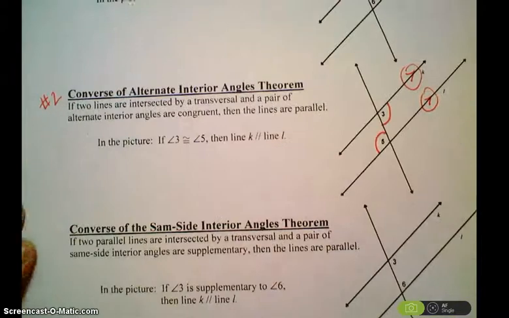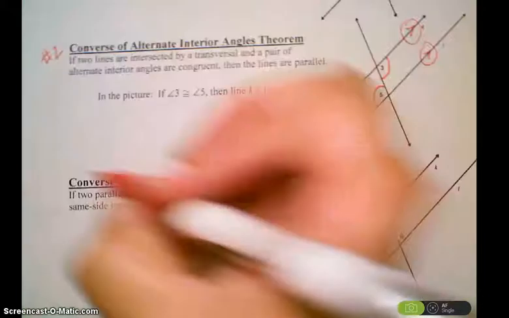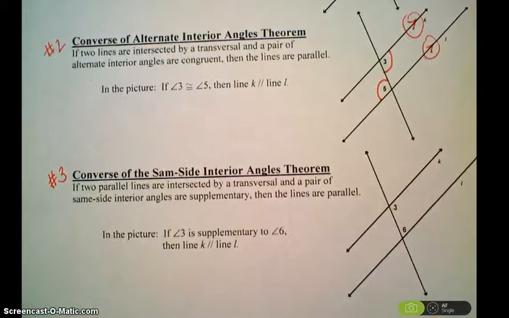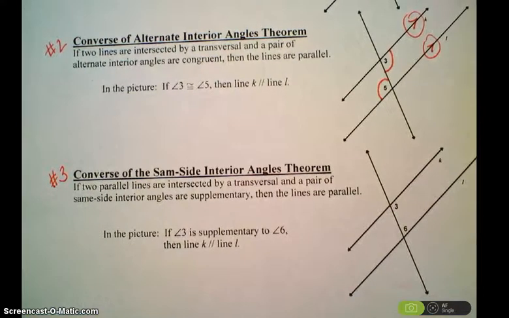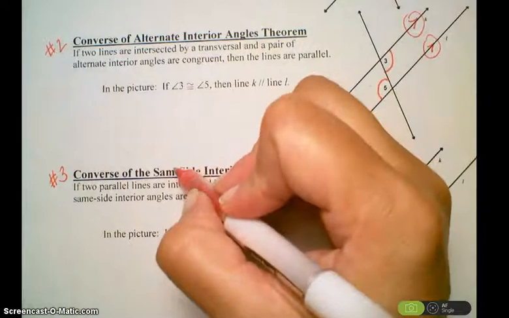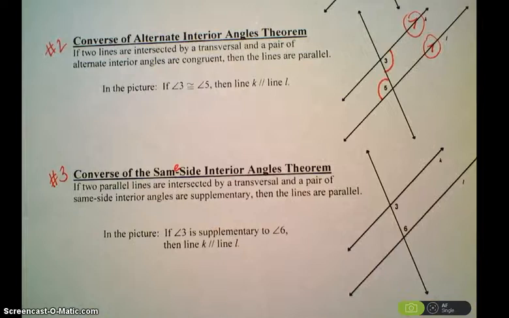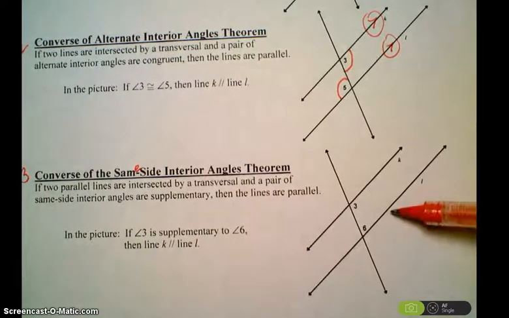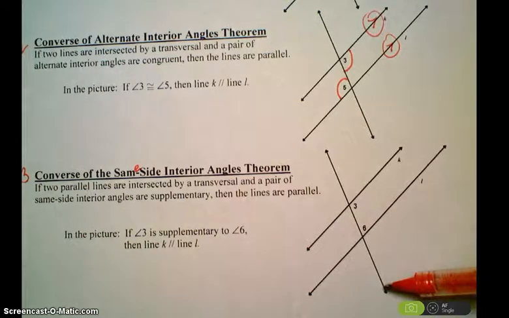Okay, the third method that's on this first page is the converse of the same side interior angles theorem. Be sure to fix the typo there, same side interior angles. So again, we have our 2 lines being crossed by the transversal.